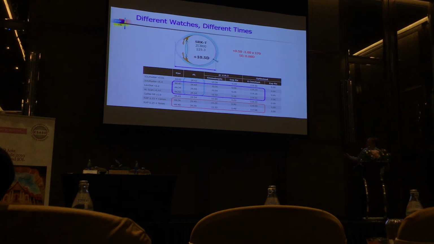And here we show you that the A constant can never be the same once you change instrument. So, if you measure with IOLMaster, and you have a Pentacam, and you use a Pentacam K and fit it in, be very careful, because the constant is not the same anymore. It may not be big, but it's not the same.